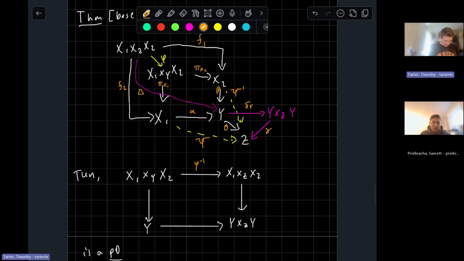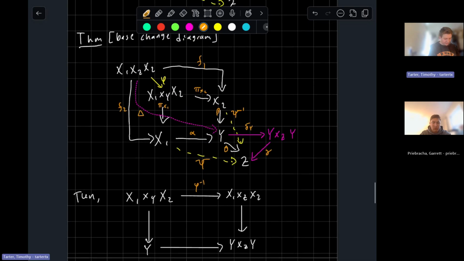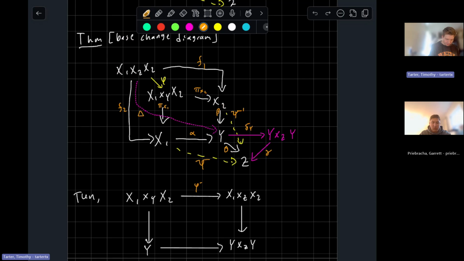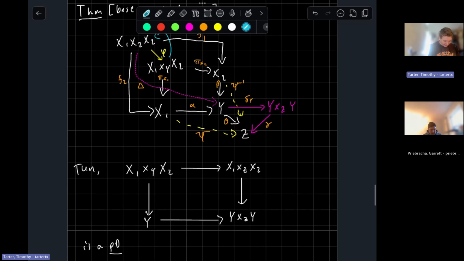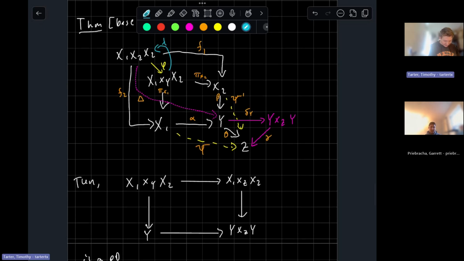And notably, it's actually not phi inverse. So I lied. Lambda. Okay. So y to z is lambda.